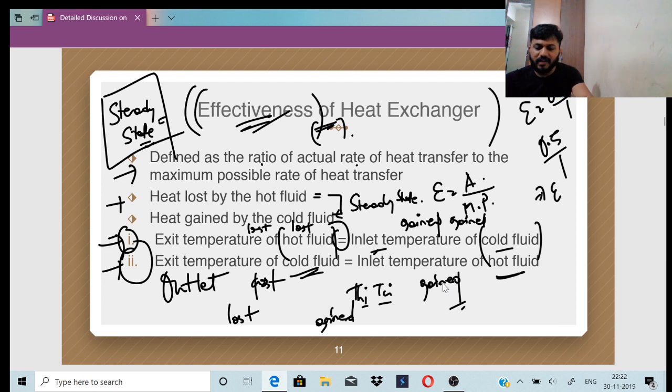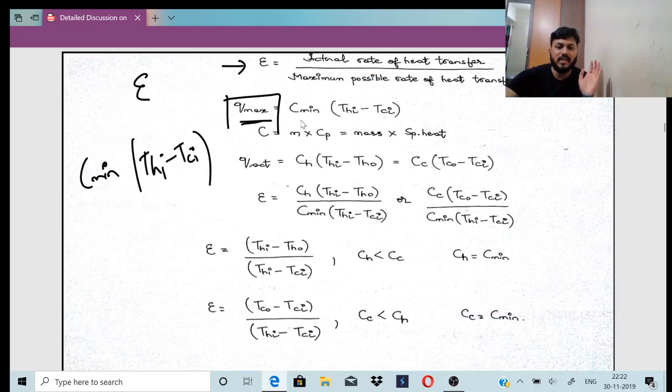This is nothing but gained. So that is what we'll take for the maximum possible rate of heat transfer: the minimum heat capacity into THI minus TCI. So basically what is C?